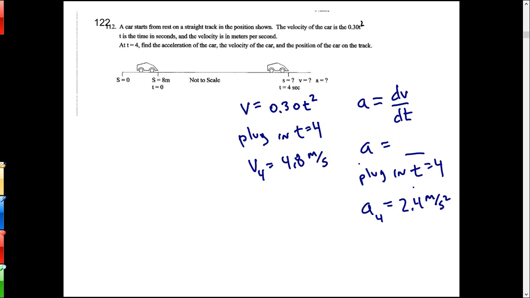And then the other one, you want to understand that what v is the change in displacement with respect to the change in time. And v is 0.30 t squared is what it is. So you're going to want to work with that. So that's kind of the first step.